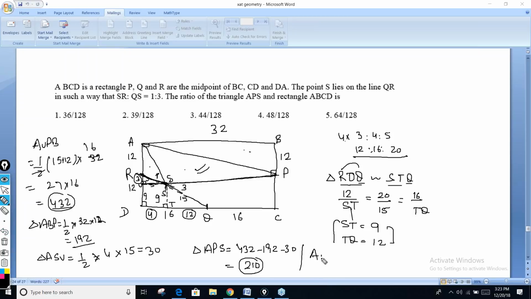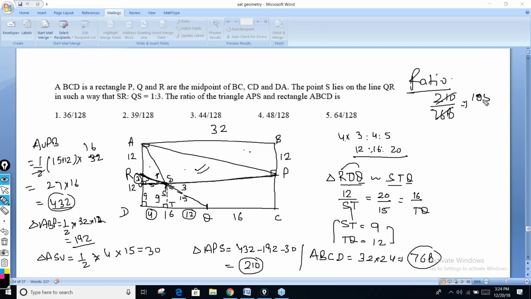And the complete area of ABCD, it's 32 into 24. That is 720, 768. So what is the ratio? The ratio is 210 upon 768. So it will not be cancelled with 4. Something will not be cancelled with 7 also.